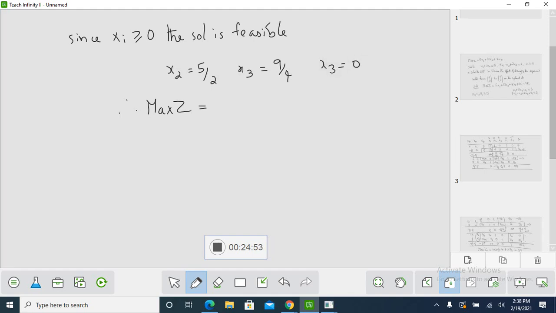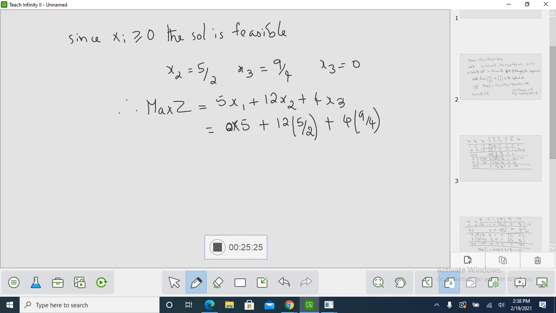So now how to go about this? x1 is not there, so it will be 0 into 5, plus 12x2, so 12 into 5 by 2, plus 4x3, so 4 into 9 by 4.